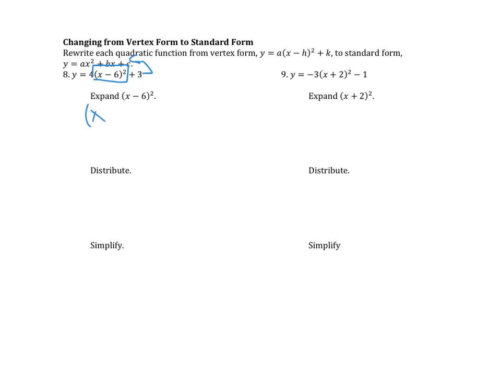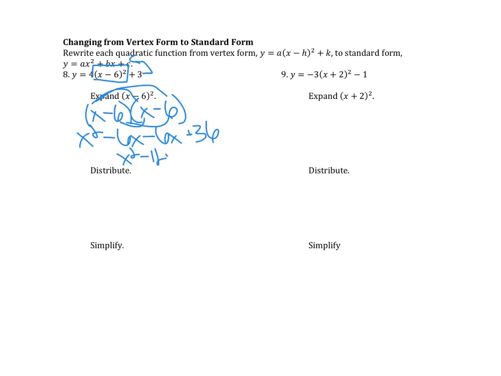So that's the same as x minus 6 times x minus 6. As I multiply that, that gives me x squared minus 6x minus 6x, and then plus 36. Simplify that down, we get x squared minus 12x plus 36.